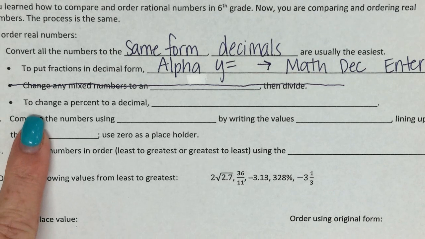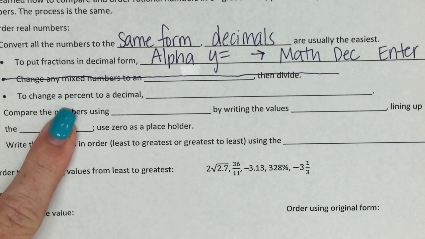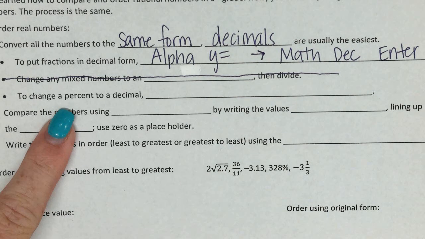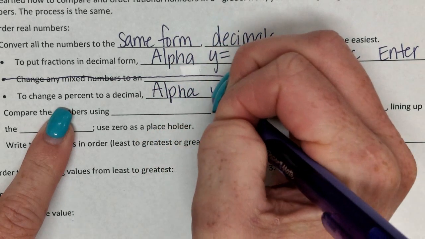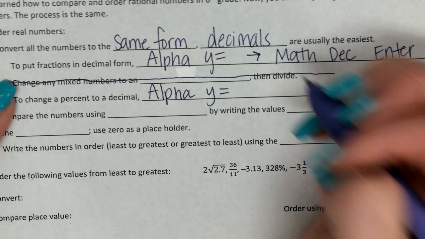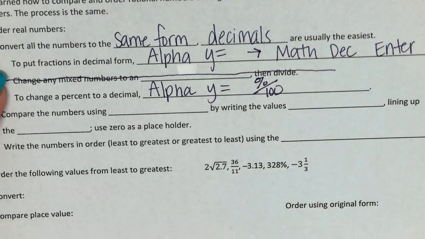Now, who remembers how to change a percent to a decimal? What did we do? We put it over 100. So we're still going to do alpha y equals, but we're going to put the percent over 100.